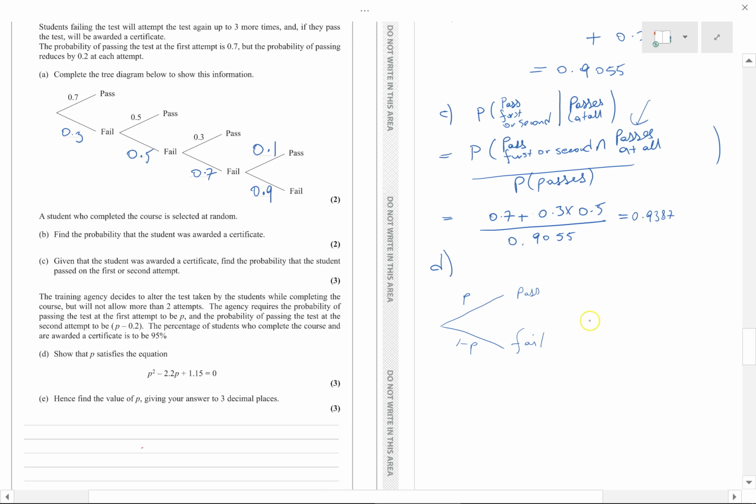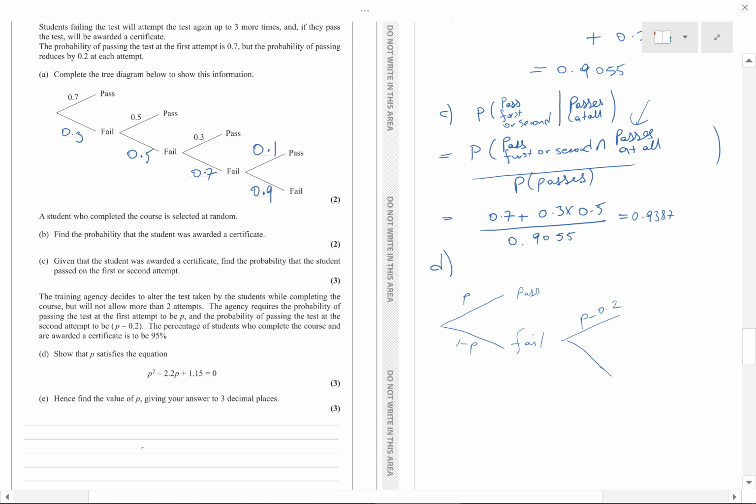Now, if they pass, then obviously that's the end of it. But if they fail, then they get another go. But the probability now of passing is going to be P minus 0.2, because it says that.